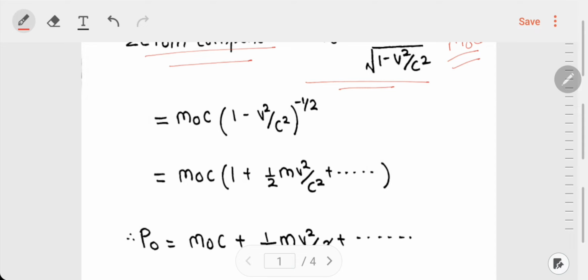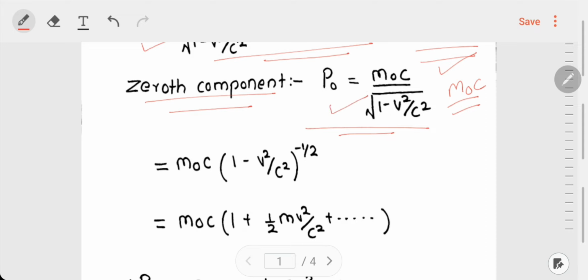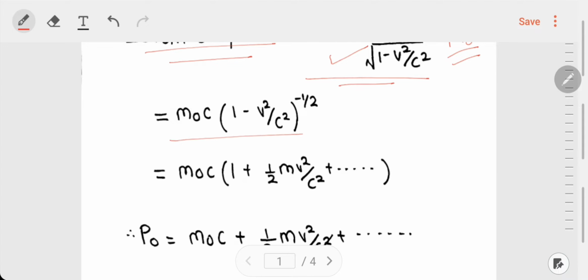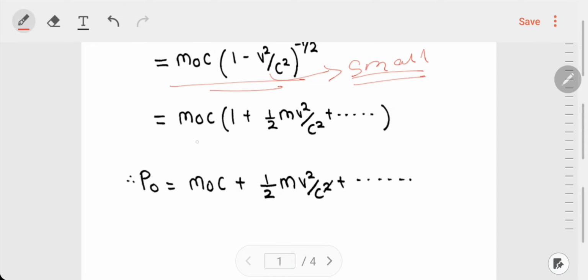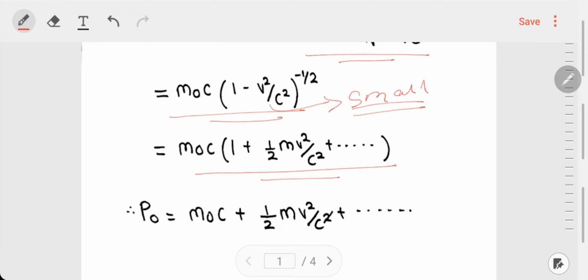To understand this component, we write m naught c over under root 1 minus v square over c square in this way, and since this factor v square over c square is very small, we can expand that factor in terms of a series, and it comes out to be m naught c times 1 plus half v square by c square plus higher order corrections.